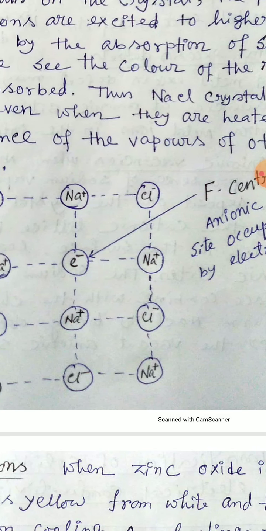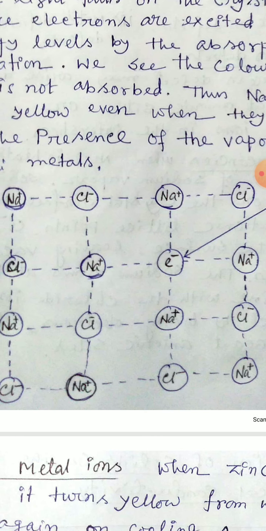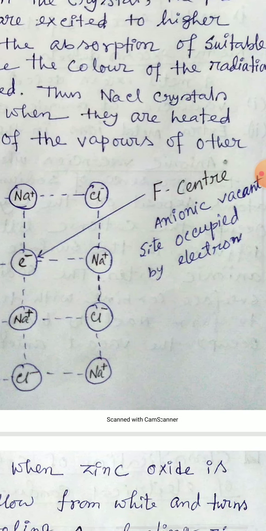The electron occupies the vacant site formed by the Cl minus ion leaving the initial lattice. The site in which the electron is present is known as the F center. Due to the presence of this electron, or the F center, the sodium chloride lattice becomes yellow.